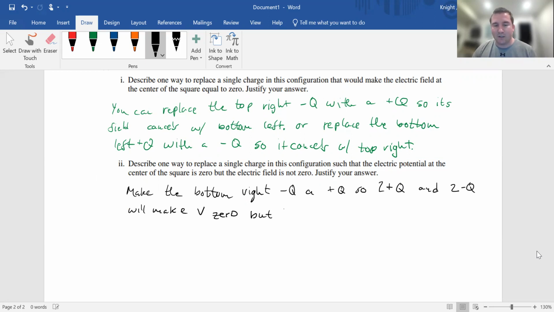But the electric fields in the middle do not cancel.